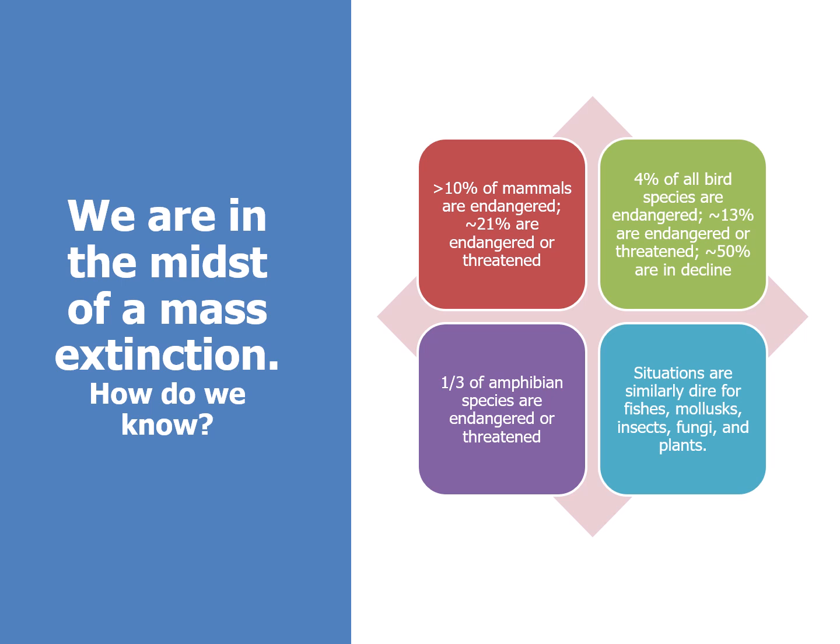It just depends. 4% of bird species are endangered, 13% are endangered or threatened, 50% are in decline, which is crazy. A third of amphibian species are endangered or threatened, and situations are similarly dire for fish, mollusks, insects, fungi, and plants. So pretty much there are very few species on the planet that are actually safe.